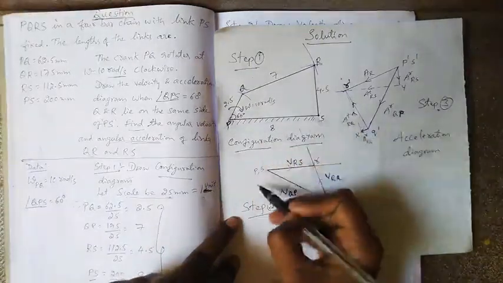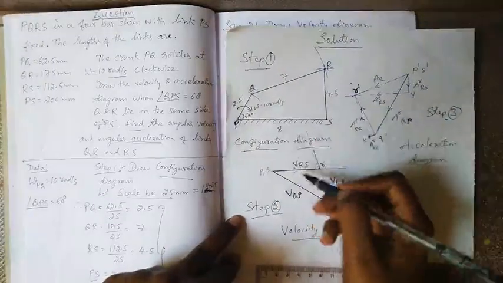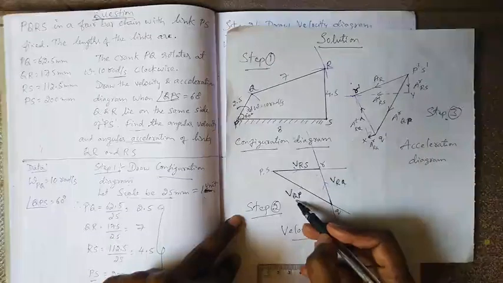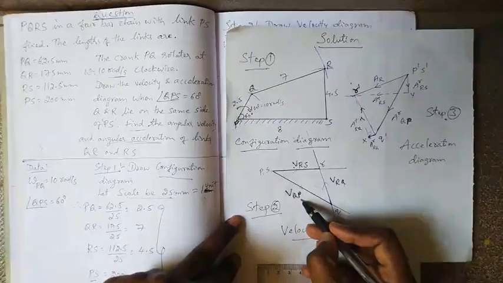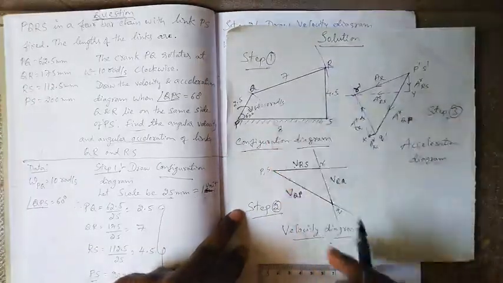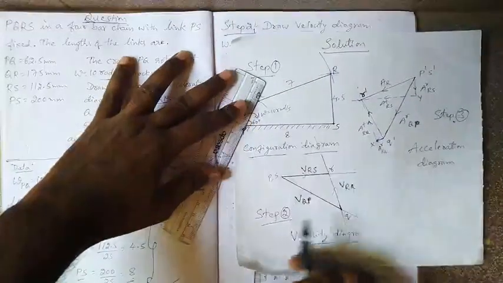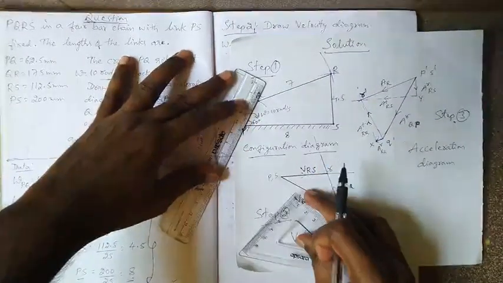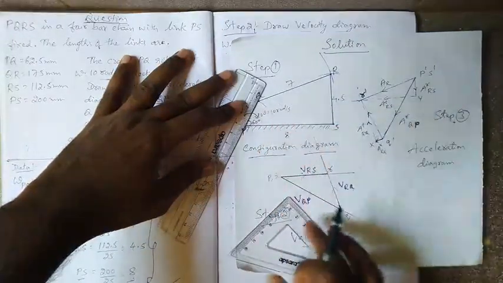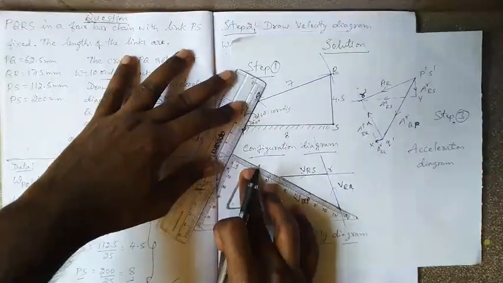So P and S both will be here itself. Now we need to draw the velocity vector, the velocity of point Q with respect to P. This velocity vector will be perpendicular to the link PQ. To take the perpendicular, first fix the scale with the configuration diagram link PQ, match the set square, and draw the perpendicular line like this.